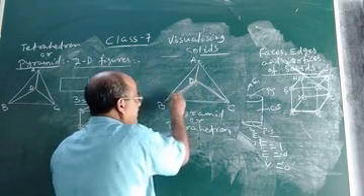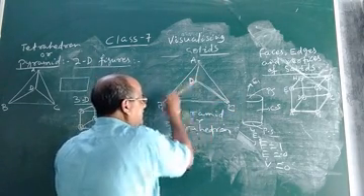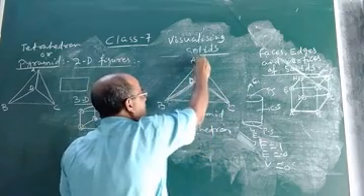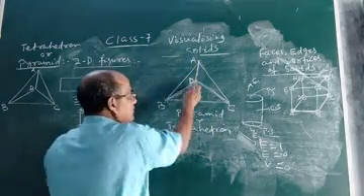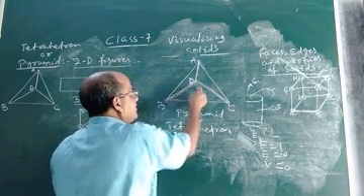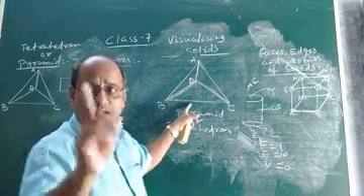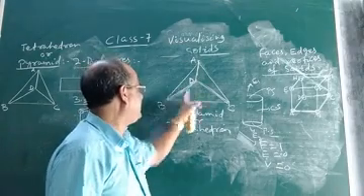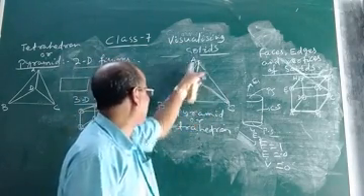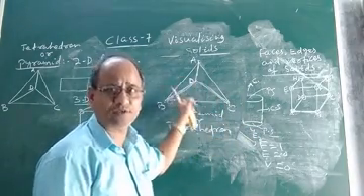The vertices of the base are D, B and C, and all these vertices are joined to a common point A. The vertices D, B and C of this base are joined to a common vertex A. So that is the reason why triangles ABD, ACD and ABC are called lateral faces of this solid.